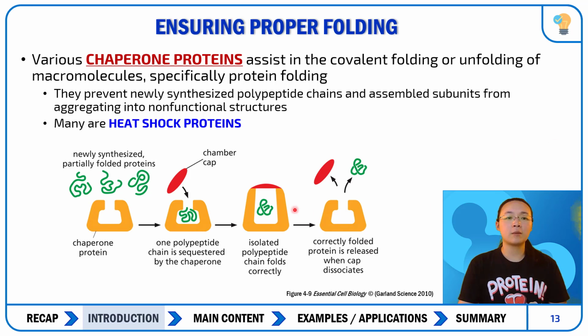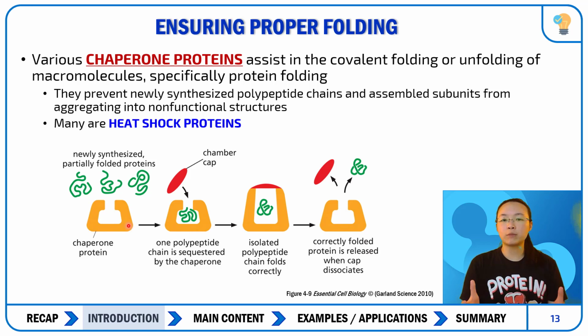Looking at the diagram here, I have a whole bunch of semi or partially folded proteins, and if they're not folded properly, there's a high chance that these partially folded proteins can clump together and create something that doesn't work well. So each one of these individual partially folded proteins can go into a chaperone protein.